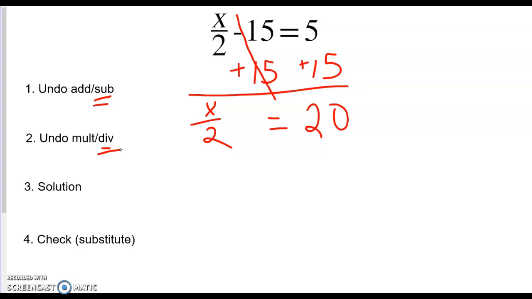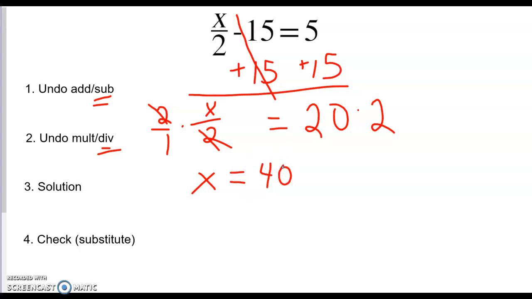2 over 1 times x over 2. I'm multiplying by 2, and I have to do the same thing over here. 20 times 2. All right, well, these cancel out, and I'm left with x, which is what I want. Isolate that variable, is equal to 20 times 2 is 40.